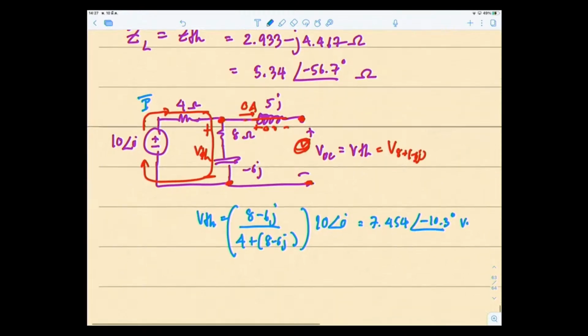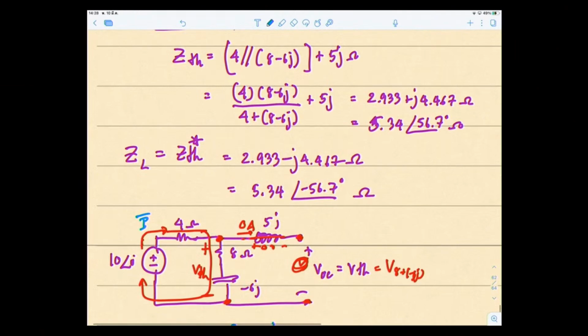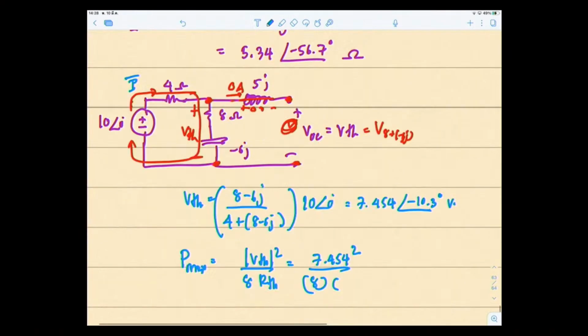Okay. So the maximum average power is equal to the magnitude of VTH squared over 8 times RTH. So it's equal to 7.454 squared over 8 times the real part, the resistive part of your ZTH, which is 2.933 ohms.